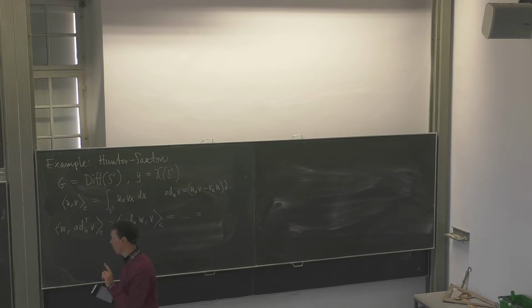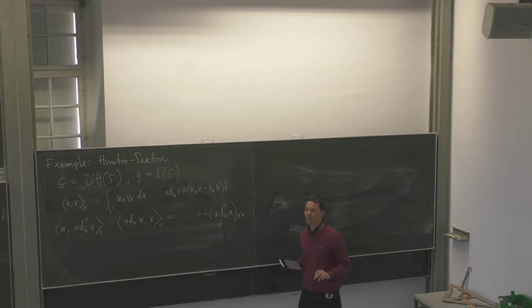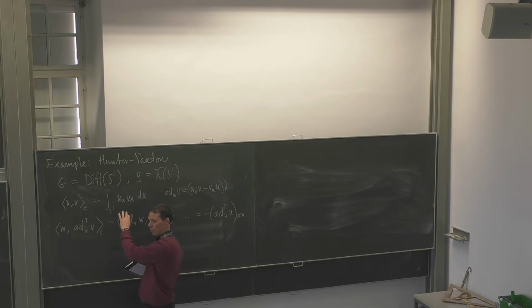But if you take minus ad transpose of u on itself, and then you add two derivatives, it's no coincidence that we do it with minus, because minus two derivatives corresponds to representing this inner product in the L2 inner product.